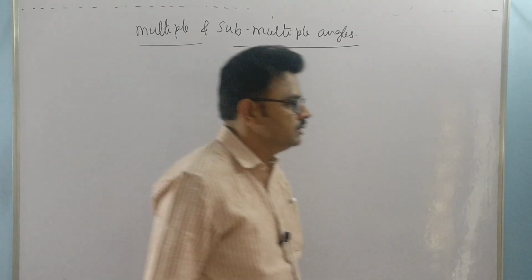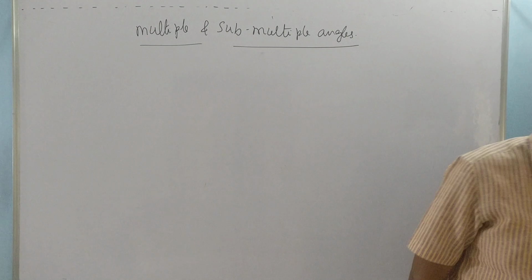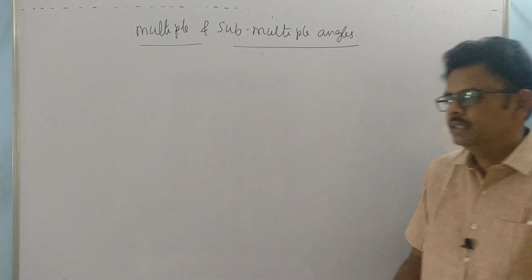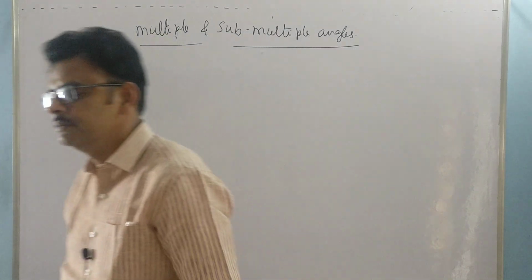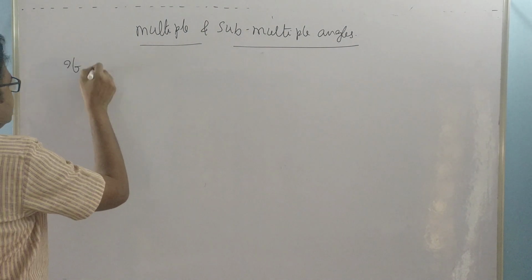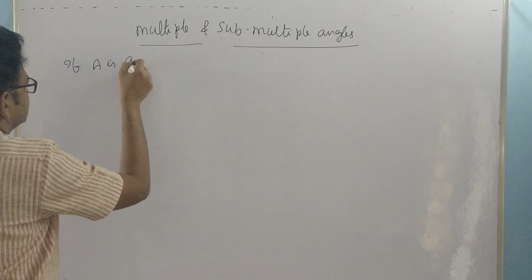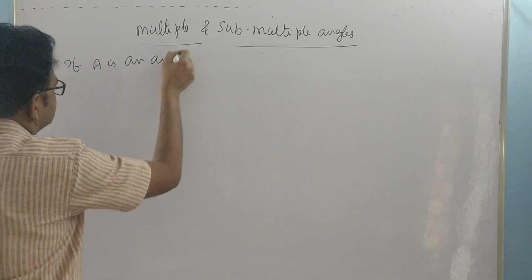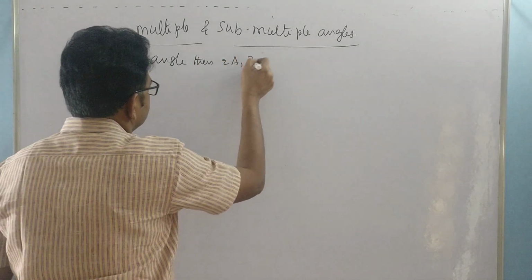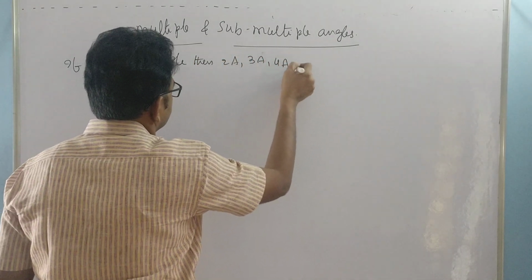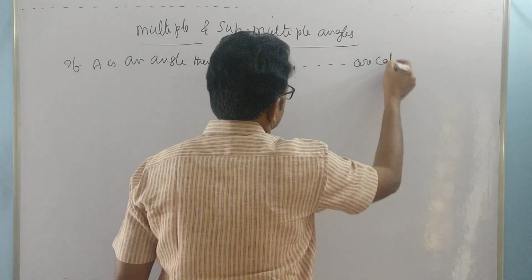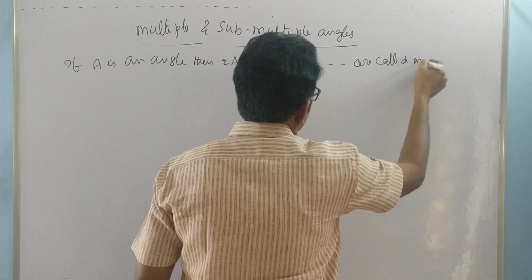Okay, write down, if A is an angle, then 2A, 3A, 4A and so on are called multiple angles.